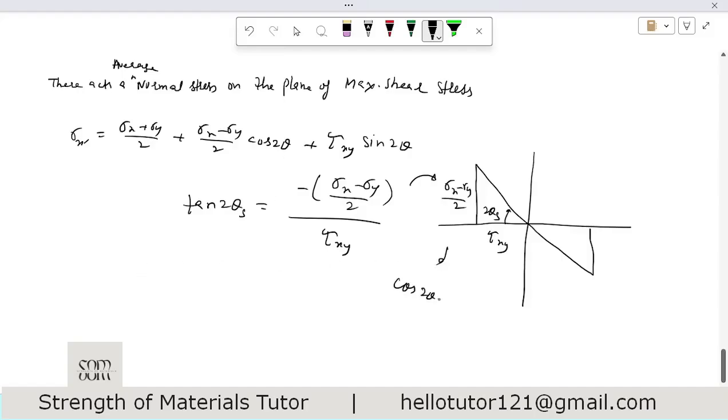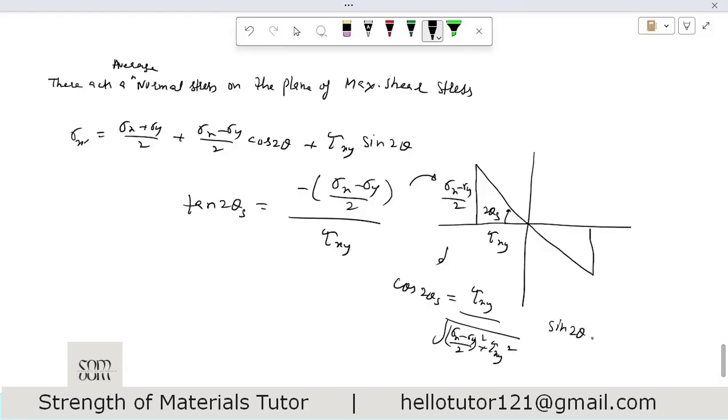Cosine of 2 theta s is base, which is tau xy, divided by hypotenuse, which is the square root of perpendicular square plus base square, sigma x minus sigma y by 2 whole square plus tau xy square.